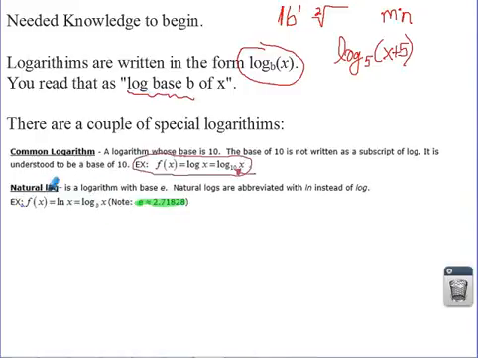And so this natural logarithm is a logarithm that has a base of 2.71828. It is actually not written using the abbreviation log. It is abbreviated ln. I don't know why it doesn't seem to make sense why it would be ln if it's the natural log, but that is in fact what it is.